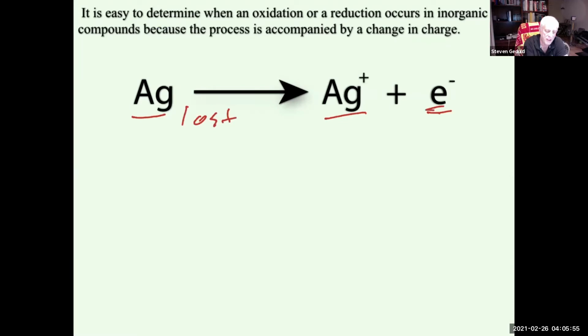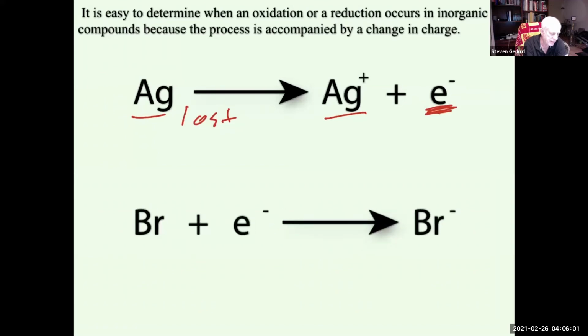We can follow the electrons in inorganic systems. Okay, bromine has gained an electron. That's been reduced. Again, you can see the electrons because we can see the charges that occur and we can follow it. So in inorganic systems, it's easy to follow electrons. In biological systems, it's not quite that easy.